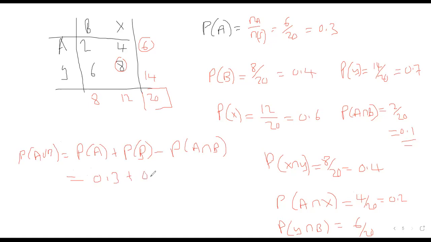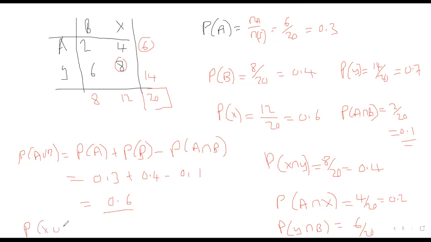Probability of B? 0.4. And the intersection of A and B? 0.1. Then what do we get as a total? 0.6.